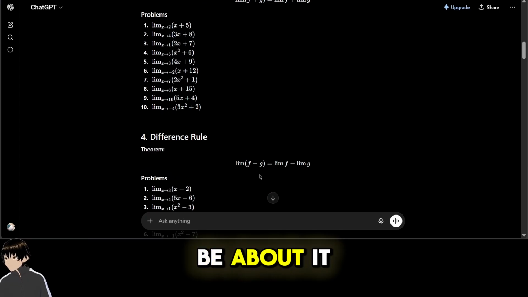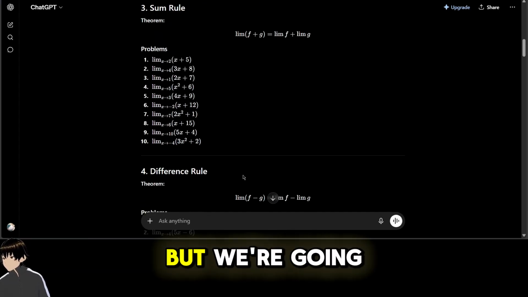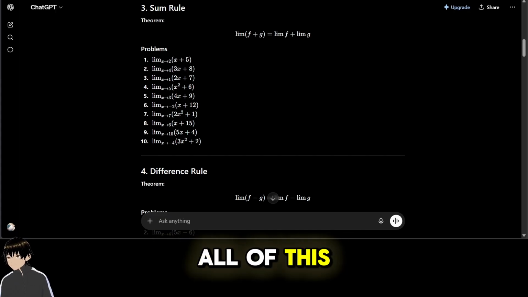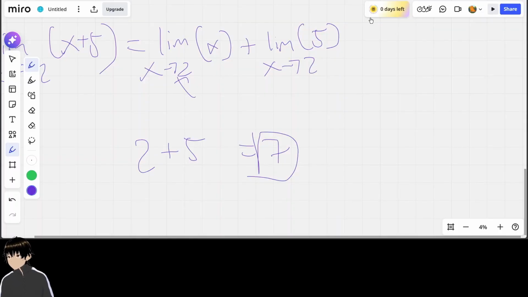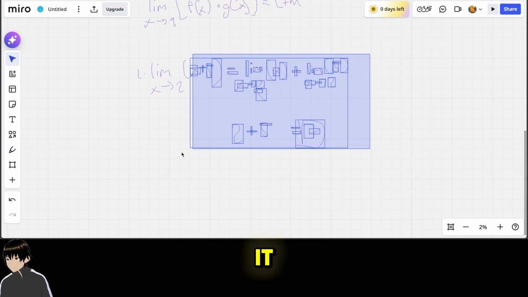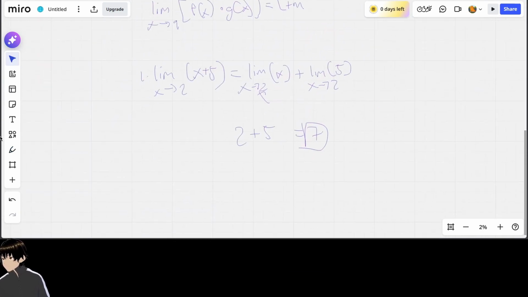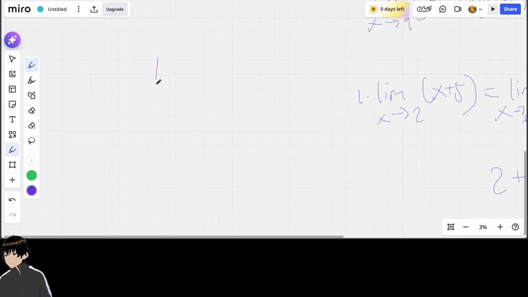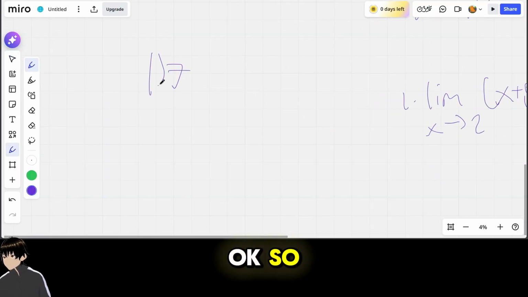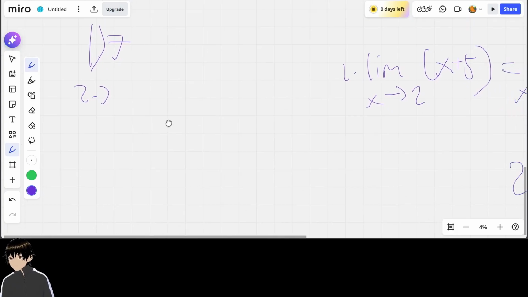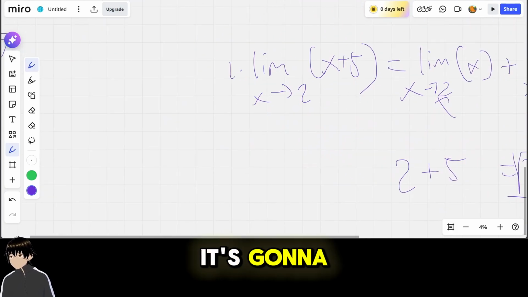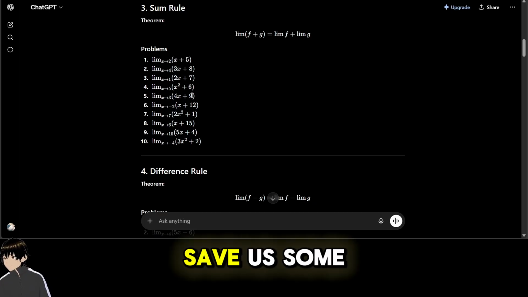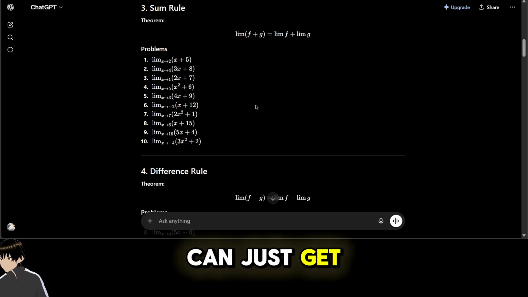So that's about it for the sum rule, but we're going to finish all of this. I'm going to finish all of it. It's going to save us some time, but we can just get the problems.